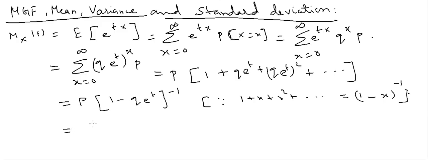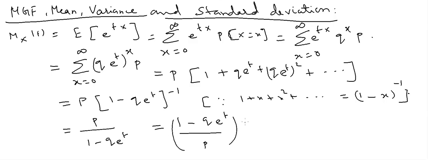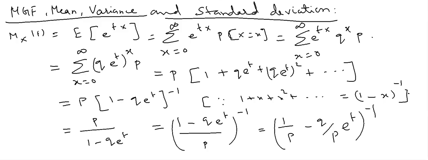In the other form, we can write this as p by 1 minus q e power t, or else we can write it as 1 by the reciprocal form, 1 minus q e power t by p whole power minus 1, that is equal to 1 by p minus q by p e power t whole power minus 1. So all the forms are correct. Whichever is easy for you to memorize, you can use that formula.